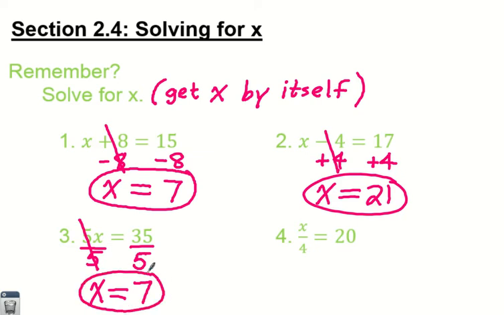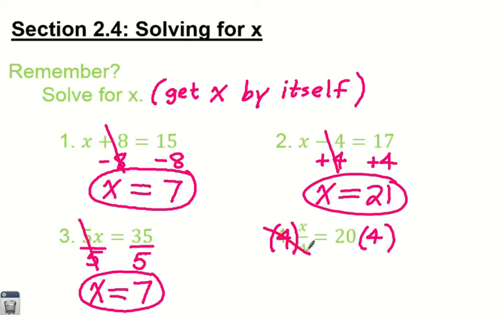And then one of the other possible situations is that if you had x divided by 4 and you wanted to undo and get rid of that 4 so that x was by itself, you think, what's the opposite of dividing by 4? It's multiplying by 4.